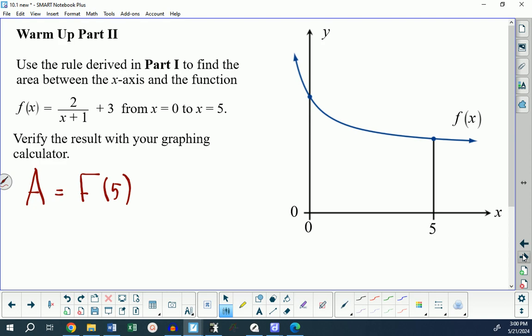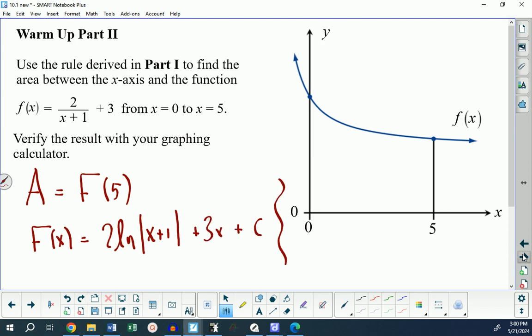Well, that requires, of course, that we find the antiderivative first. And we have a bit of an issue here. Well, no, we don't. This is the part where, if you had a proof in post-secondary, you wouldn't run into this problem.